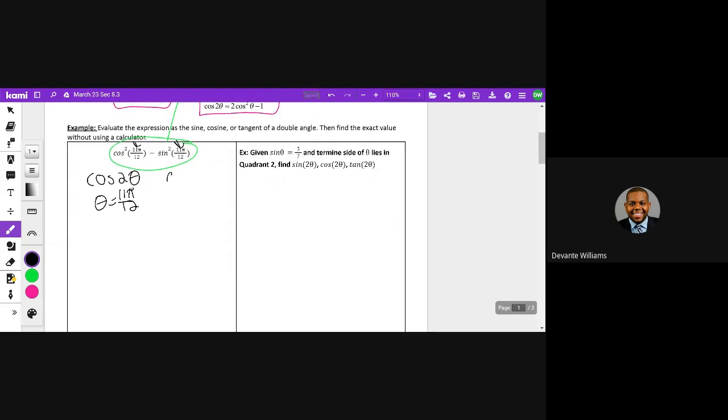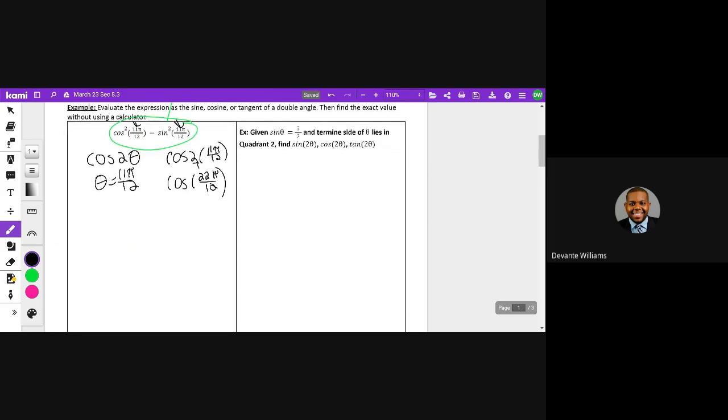So we're looking for the cosine of 2 times 11 pi over 12. We multiply across, so it'd be 2 over 1, and we get the cosine of 22 pi over 12. We simplify that expression, dividing by 2 on top and bottom, and we get the cosine of 11 pi over 6.